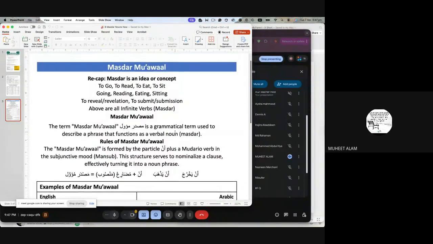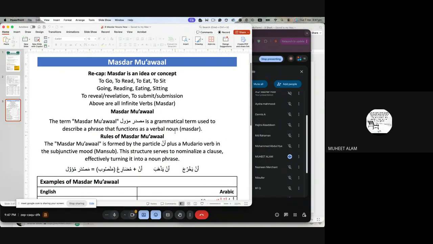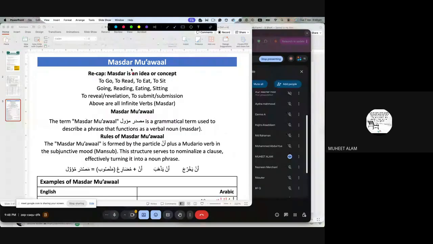Before moving to the next concept, which is also a very important concept in this lesson, which is masdar muawwal. Till now, what we have learned is that a masdar is simply the idea or concept of an action. For example, to go, to read, to eat, to sit, and to reveal or revelation. All of these are masdars.